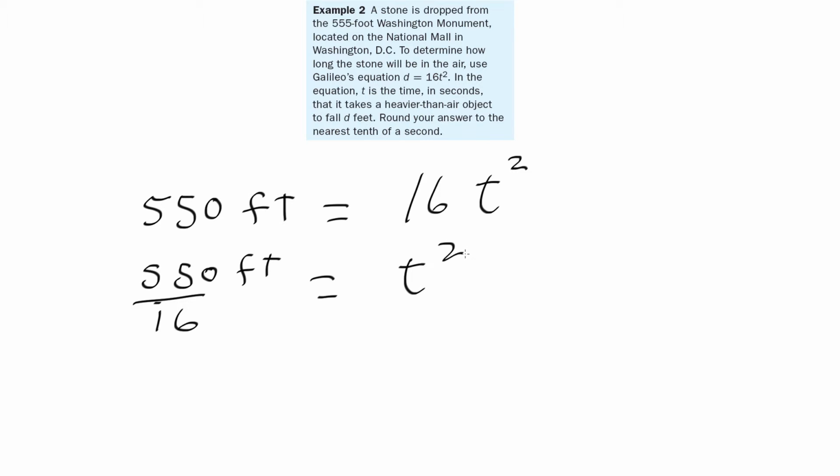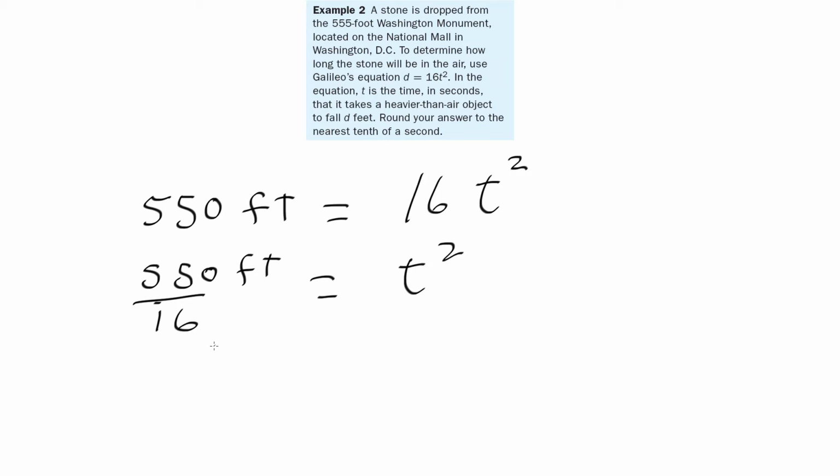We can do a little bit of simplification to this. 550, let's see, 16 go into that evenly? I don't think so. Nope. Well, we'll just live with this because we're going to be looking for an answer rounded to the nearest tenth, so we're going to get a decimal approximation anyway.